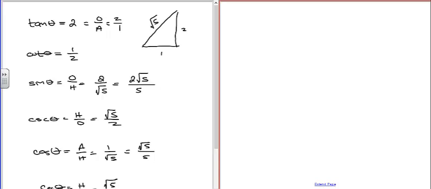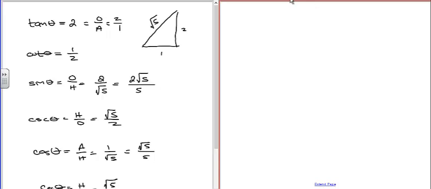Now the next thing they do is they give you two pieces of information and ask you to find the other trig functions, or the ones they're asking for.